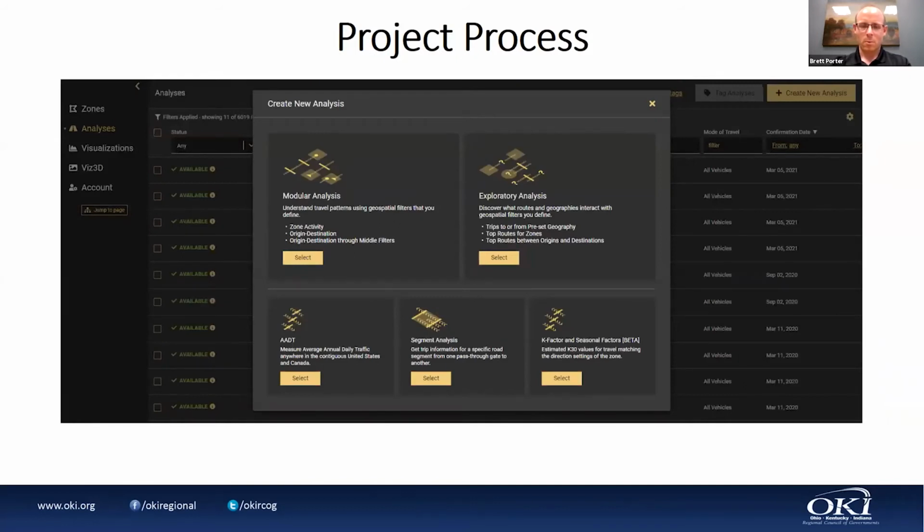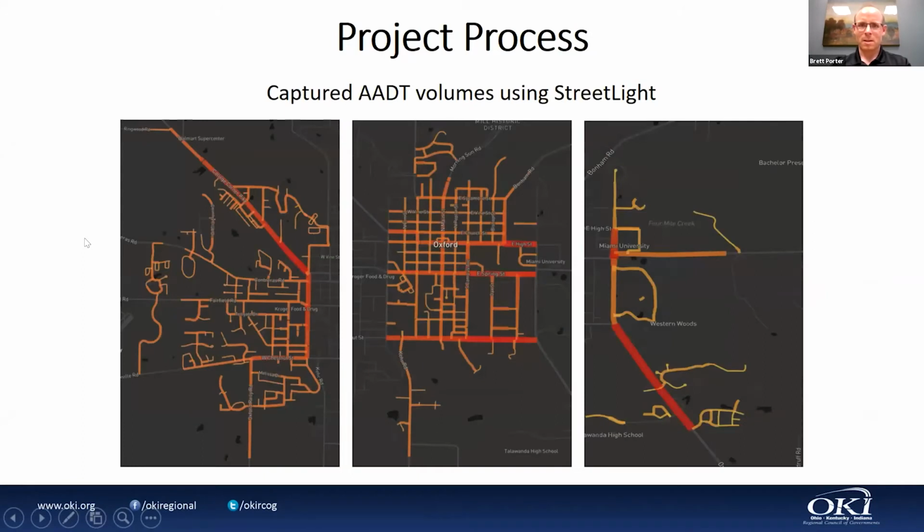So what I did was I went on to StreetLight, created a new analysis, and selected AADT. I think it ended up being roughly 1,300 road segments or zones in the city of Oxford that I had to collect.